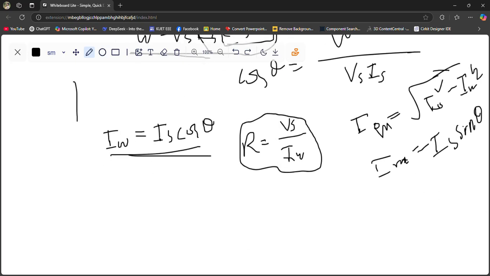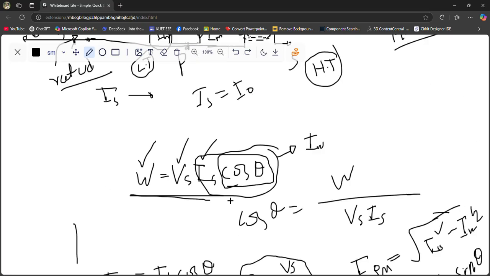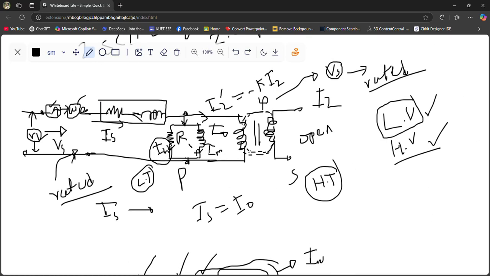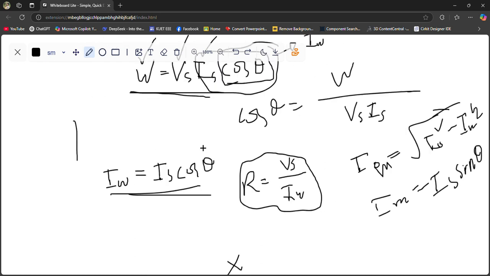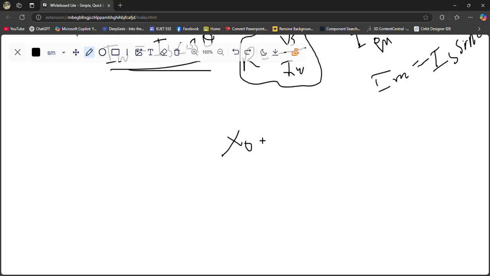Then if we have Im and the supply voltage, we can also get this reactance, let's say X naught. So X naught will be Vs divided by Im.